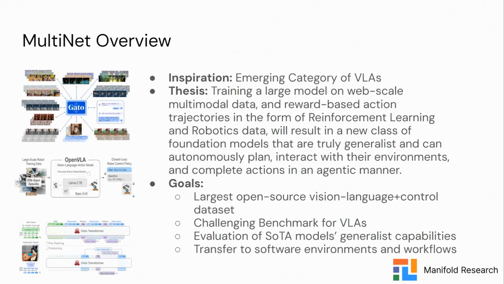Our thesis with Multinet is that if we can train a unified large model on high quality web scale multimodal data, as well as sequential reward-based action trajectories, which are typically in the form of reinforcement learning and robotics data, we think this will result in an entirely new class of foundation models that are generalists in the truest sense, and models that can complete long horizon complex tasks with planning, reasoning, and reliable completion of actions.